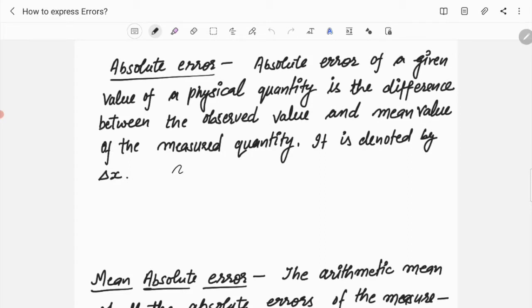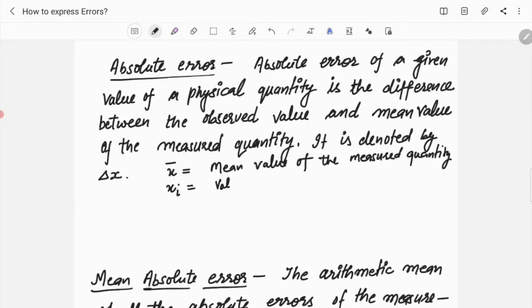So suppose x bar is the mean value of the measured quantity, and xi is the value of the quantity measured in the ith observation.